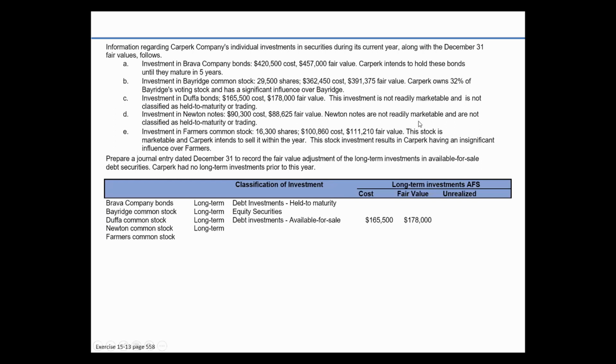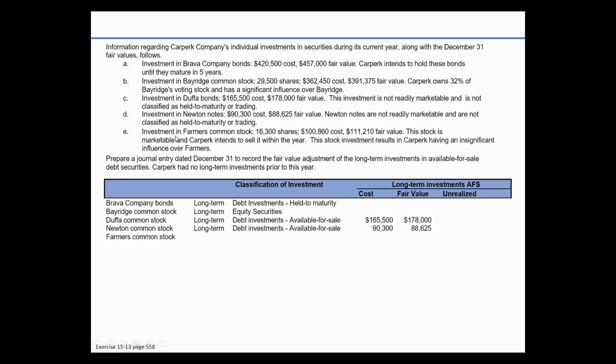Now they have an investment in Newton notes. Newton notes are not readily marketable and are not classified as held to maturity or trading. And so again, that is long-term. It's a debt investment available for sale. It cost $90,300. Current value is $88,625.